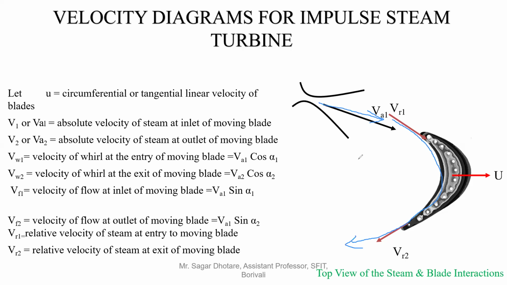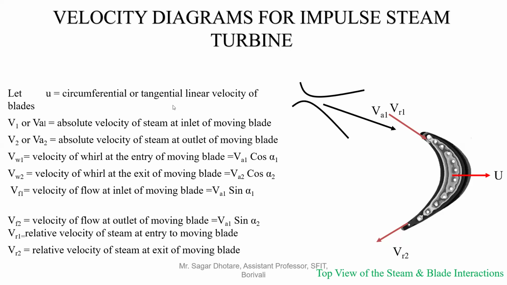It is quite similar to the impulse turbine which we have seen, the water impulse turbine. The nomenclature which we are using over here is also similar to the nomenclature used in the impulse water turbine. So we can refer to the same velocity diagram.